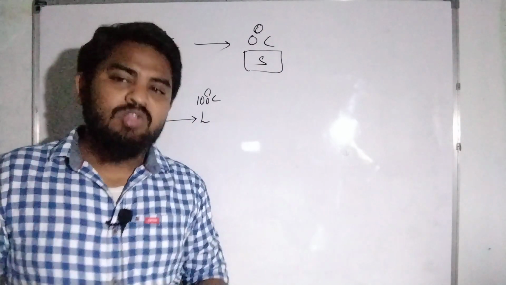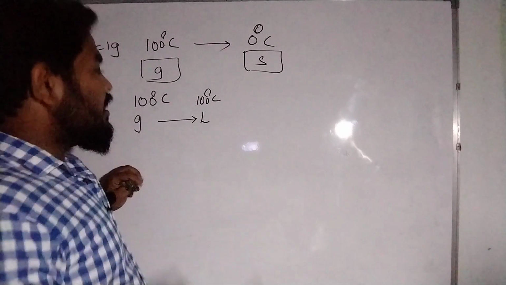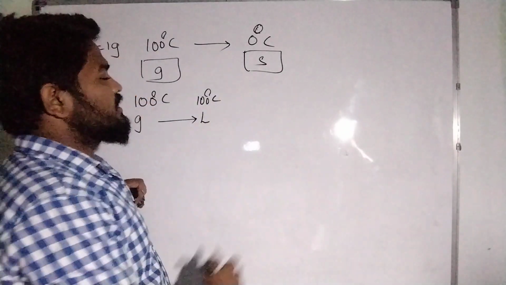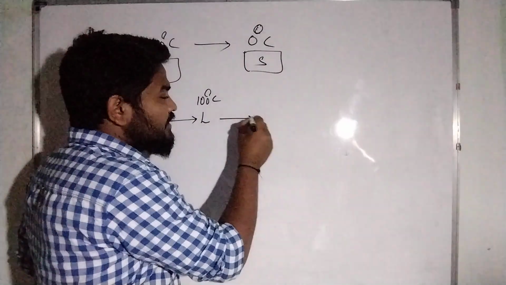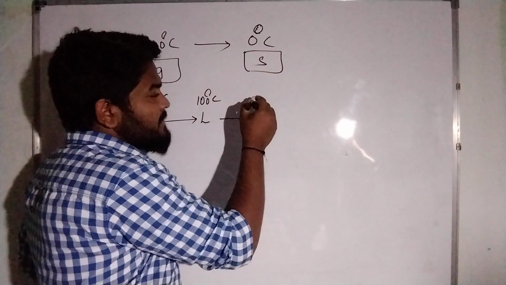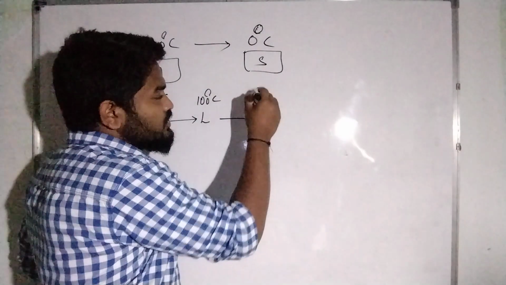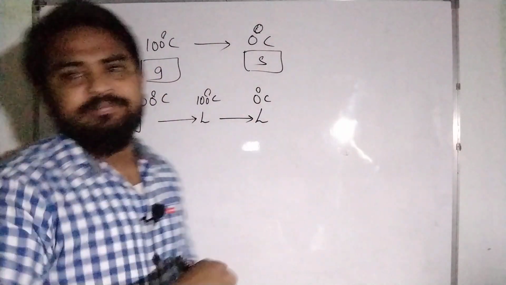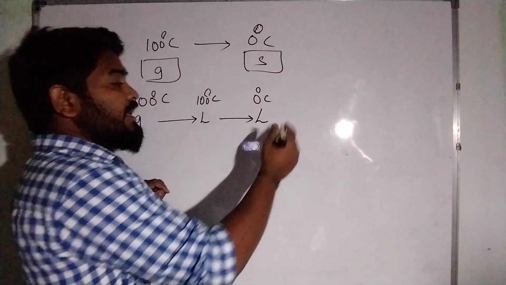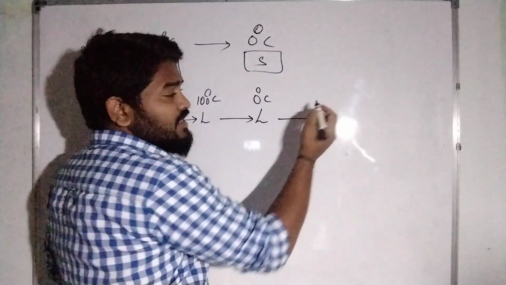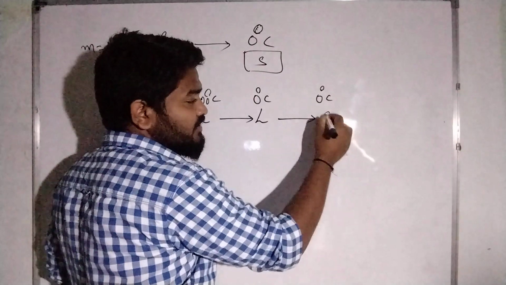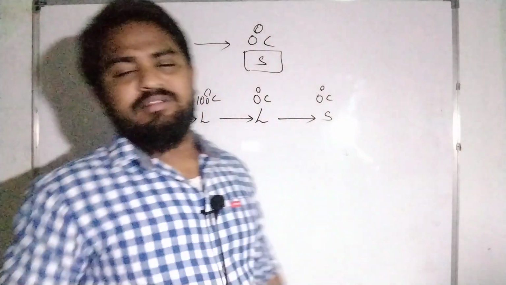Next, if you again take energy from the substance, the liquid remains liquid, but the temperature decreases to 0 degrees Celsius. In the next stage the temperature is again constant, but the liquid converts into solid state.